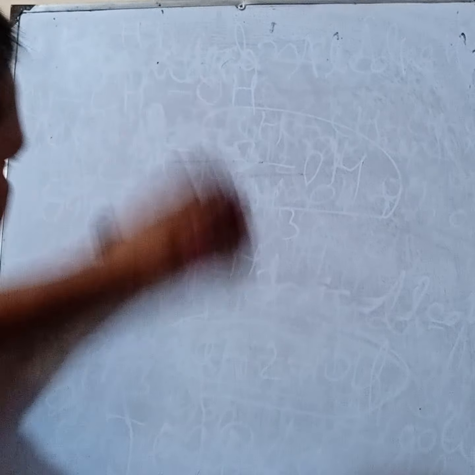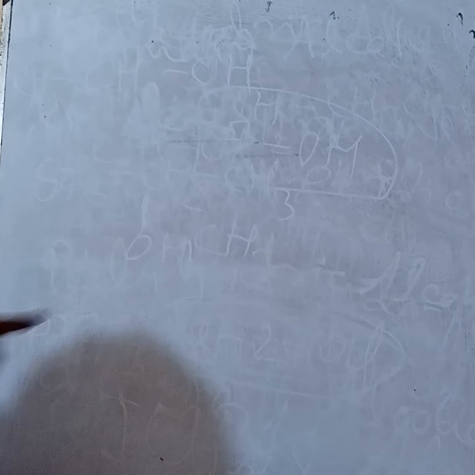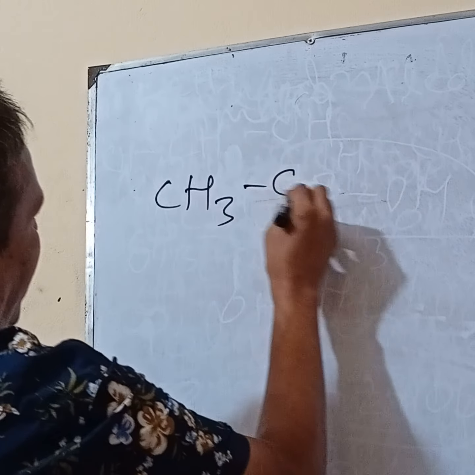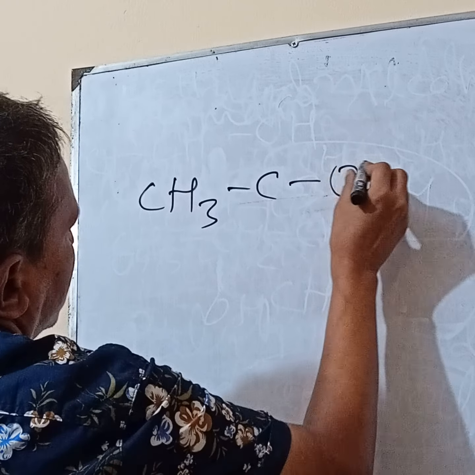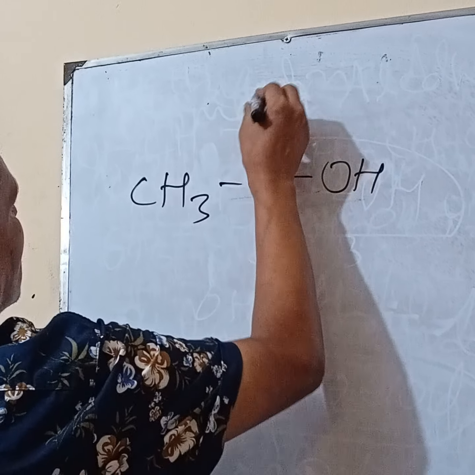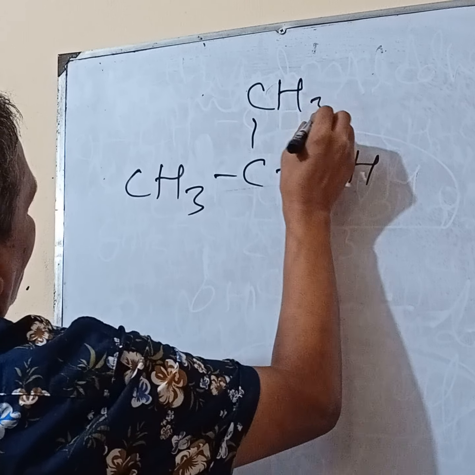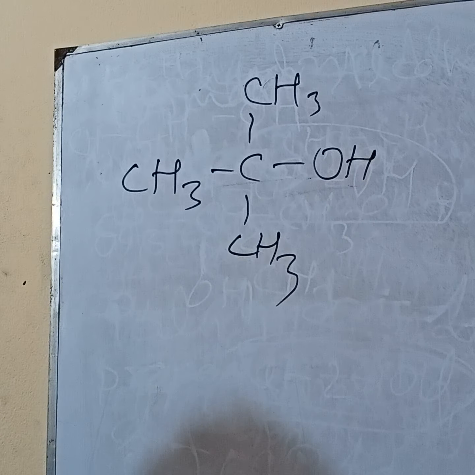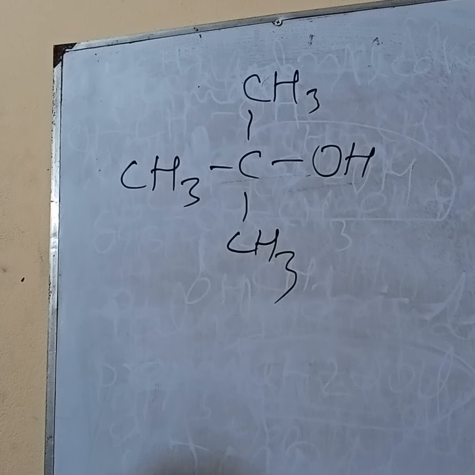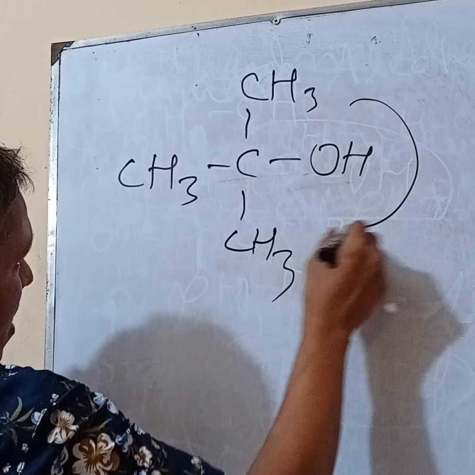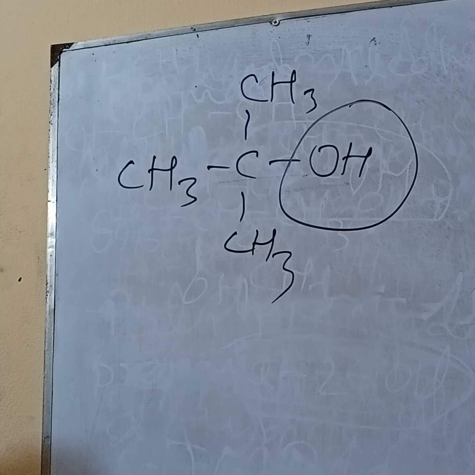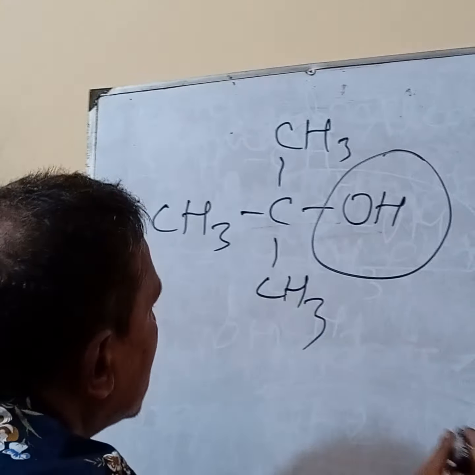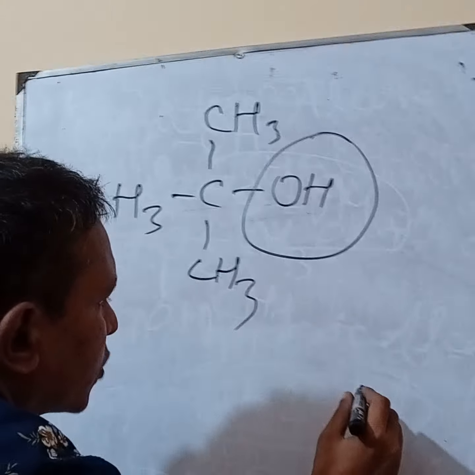Then I have to write these: primary alcohol, secondary alcohol, tertiary alcohol. C, OH, CH3, CH3. Now it is named. The hydroxyl radical is the first choice for numbering, and it is the common approach.